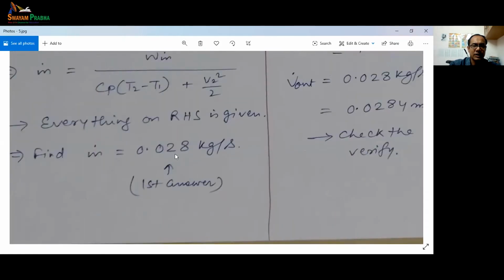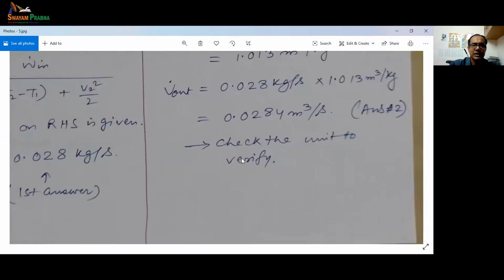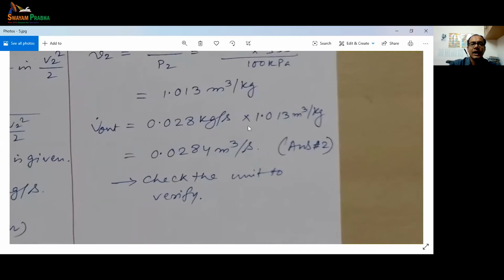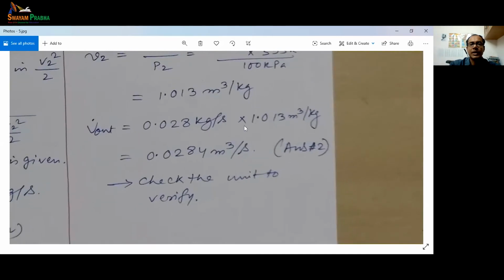So here we have just found the mass flow rate, m dot, 0.028 kg per second, and the mass flow rate is multiplied by the specific volume at exit, and that's how you get the volume flow rate, which is 0.0284 meter cube per second. And this is the second answer we are after.